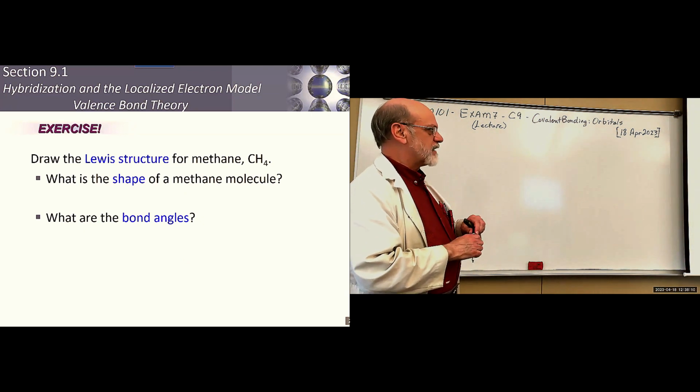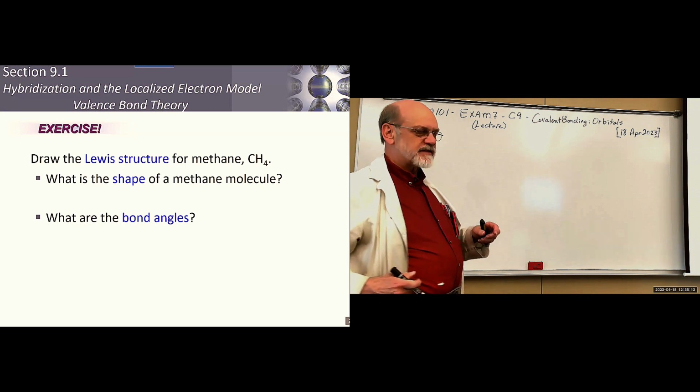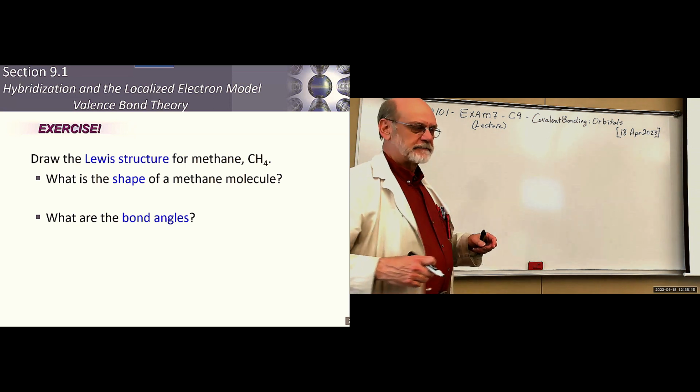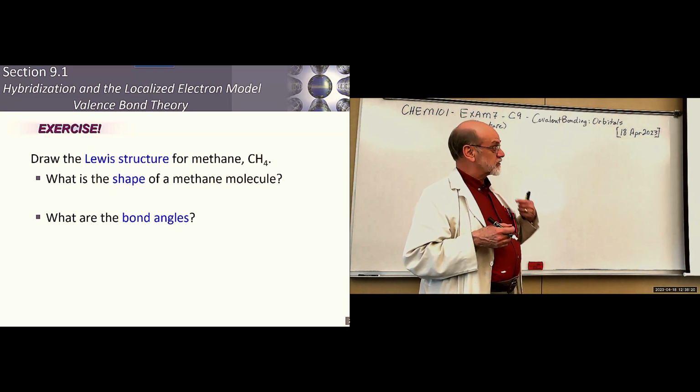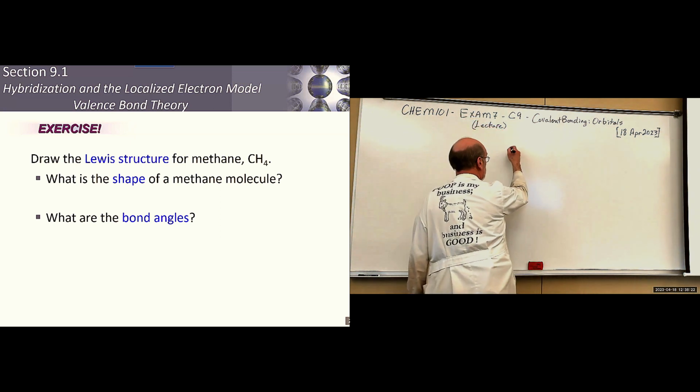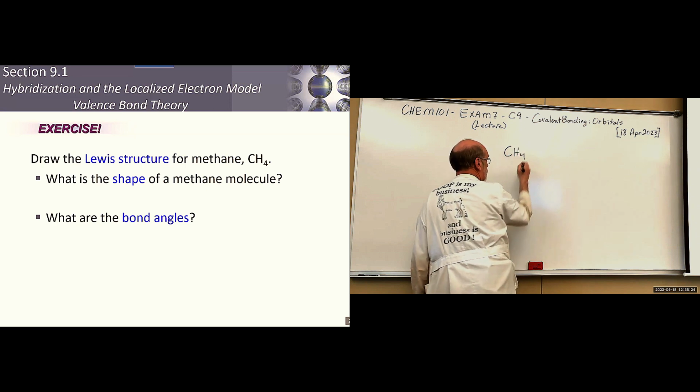One of the problems we have with the VSEPR model in predicting structures is that it does predict a structure for, and we're going to use methane as our example.